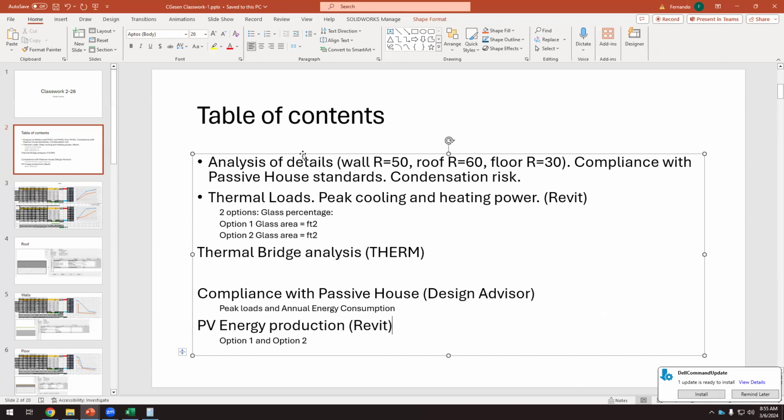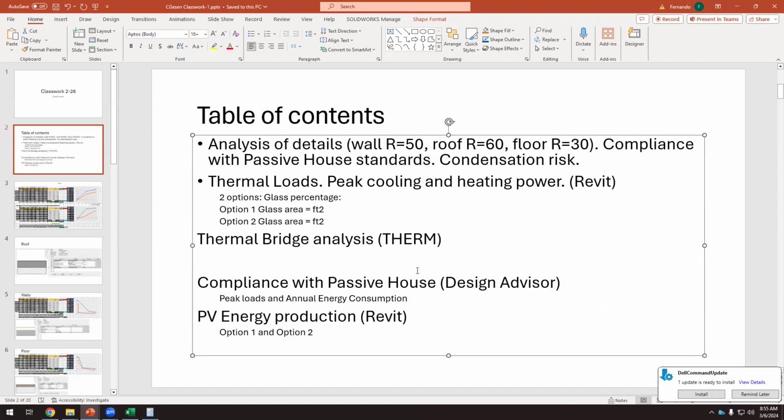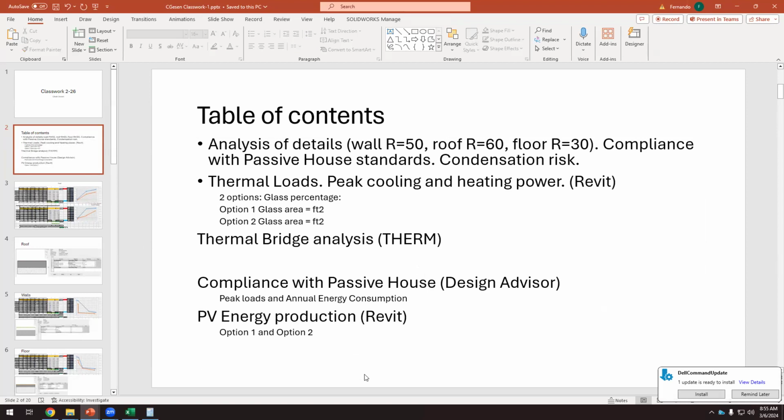So by analyzing this, I can be happy, because I have designed a zero energy building. I have good details. I don't need the passive house standards in terms of energy efficiency, but in terms of energy production, I do have a zero energy building. Okay, so it's not perfect because we don't meet passive house standards.